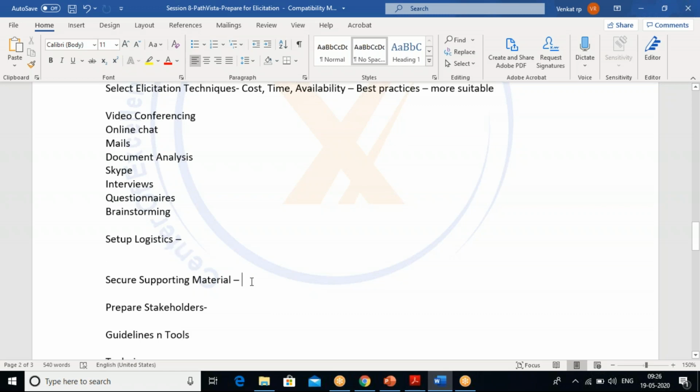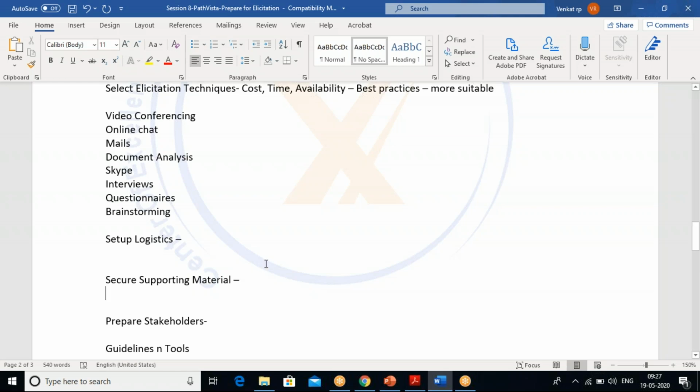All right. Now the next one is supporting materials. Who is going to speak about the supporting materials? Okay. I've already spoken about supporting materials.